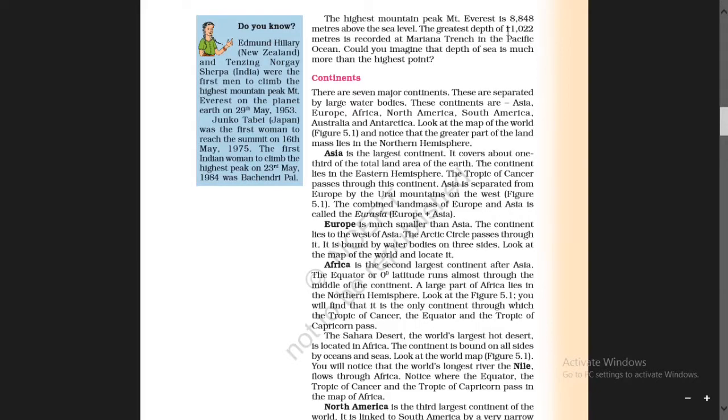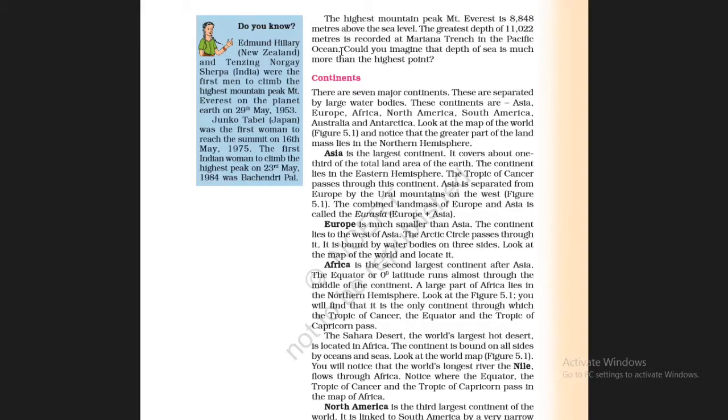The greatest depth of 11,022 meters is recorded at Mariana Trench in the Pacific Ocean. And the greatest depth, so the deepest part, you must know it, okay? The deepest part is called Mariana Trench, and it is in the Pacific Ocean.